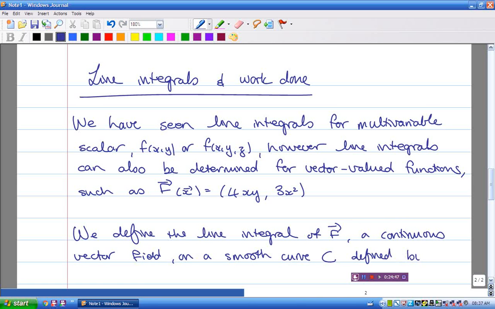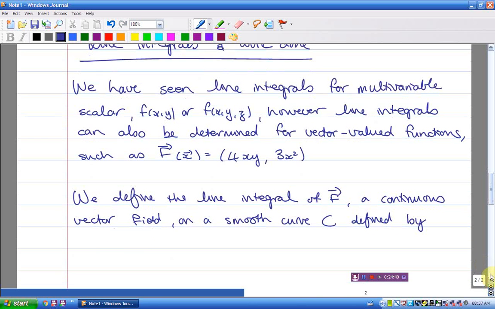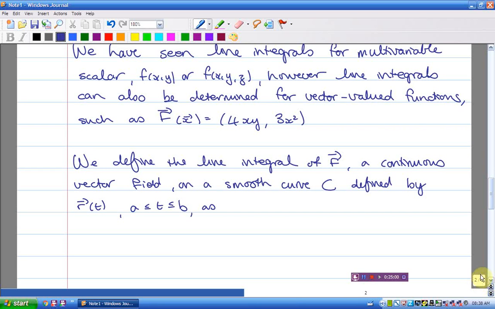Okay, so we've got C and we can parameterize it into something we're calling r of t, where t goes between a and b, as, okay, so here's the definition of a line integral for a vector valued field.